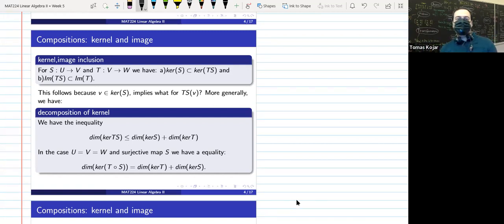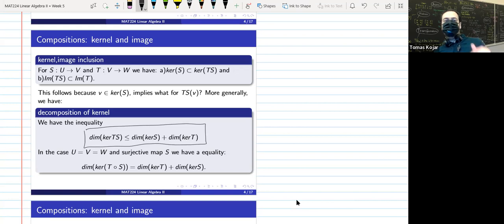So this is the general statement that the dimension of the kernel of TS is always less than or equal to the dimension of kernel of S plus the dimension of kernel of T, which is bigger than the dimension of kernel of S. So you have a two-sided inequality for the dimension of the composition. Is that okay?